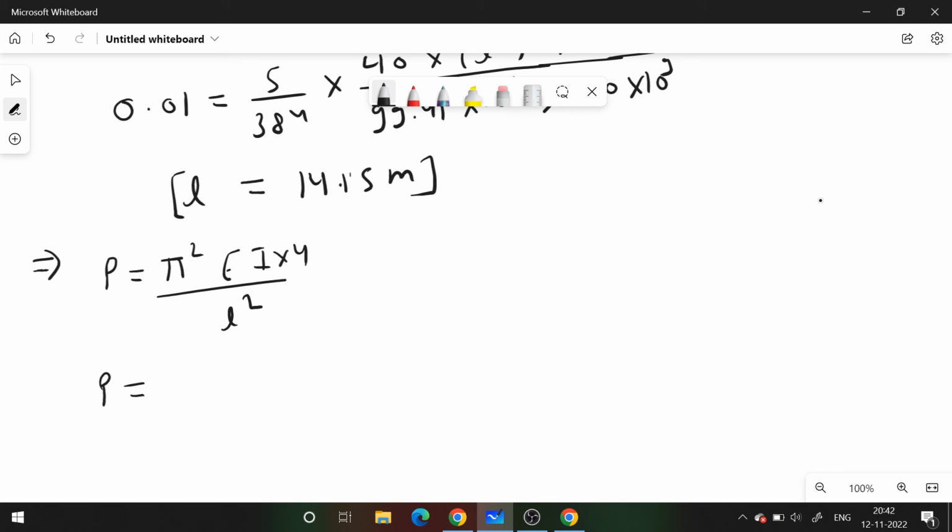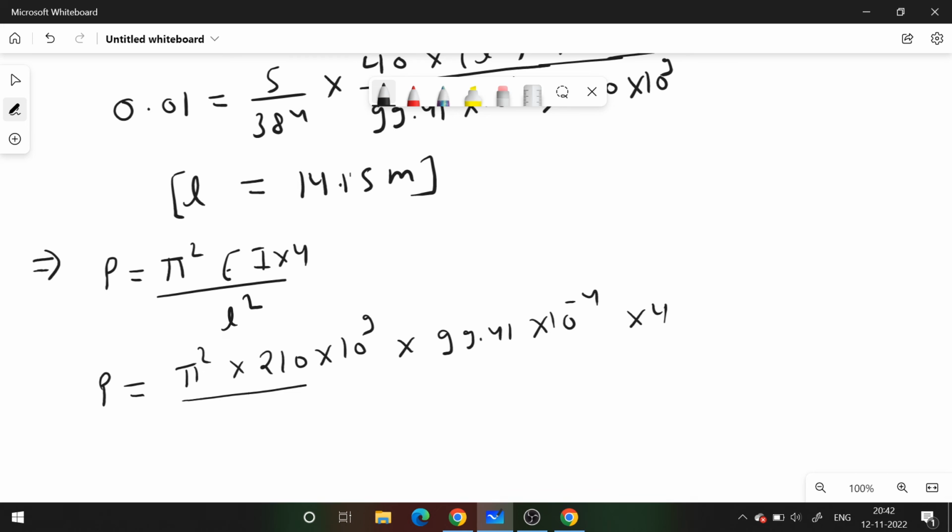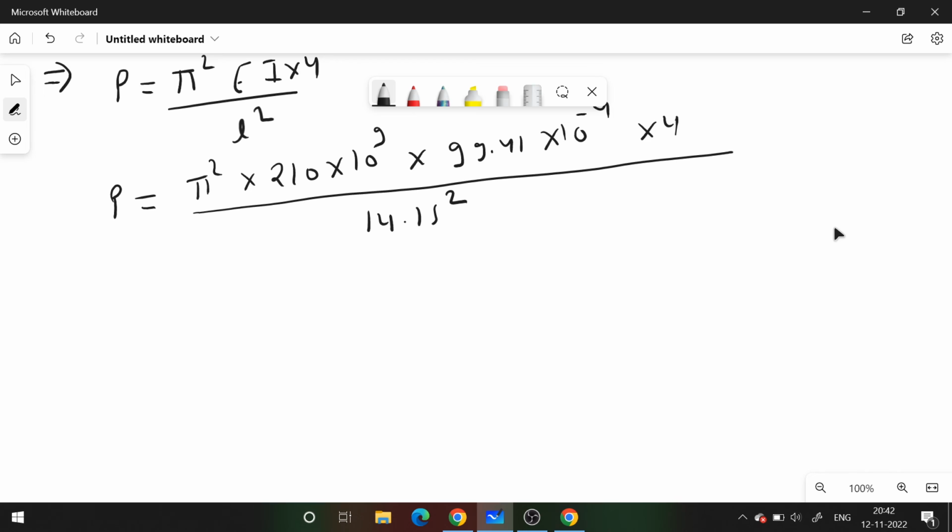P will be equal to pi square, E is 210 into 10 to the power 9, I is 99.41 into 10 to the power minus 4, into 4, divided by the length of the column 14.15 to the power 2. So from here P will be equal to 9330 kilonewton.